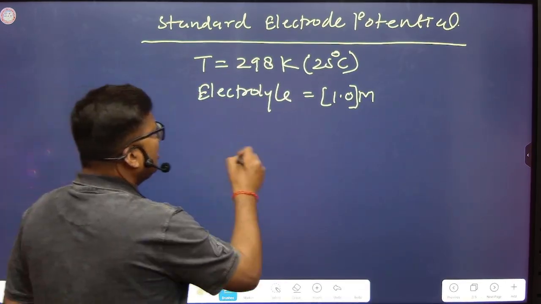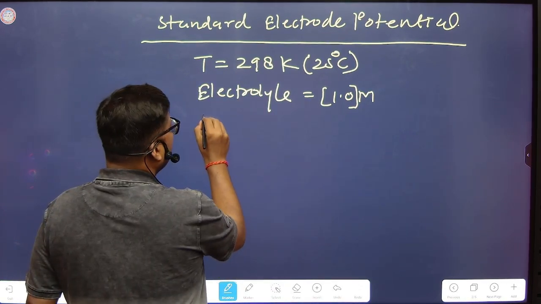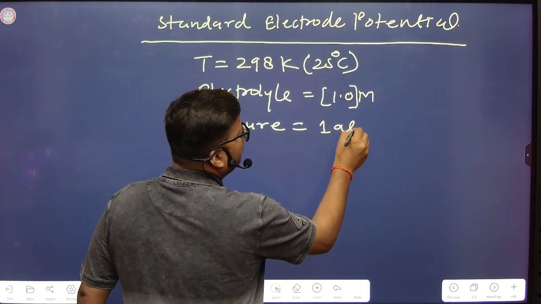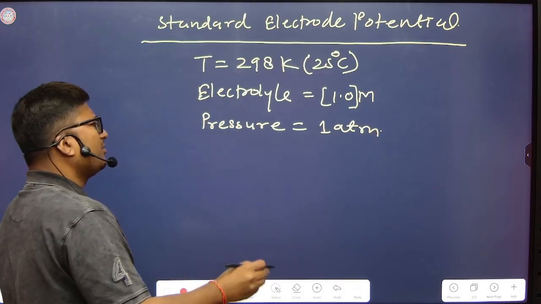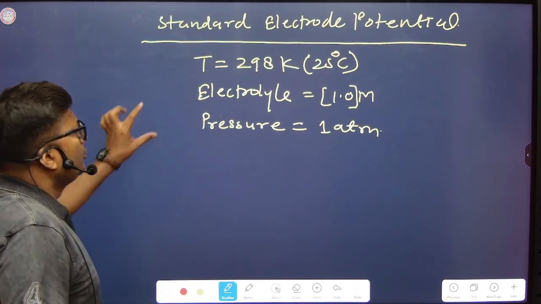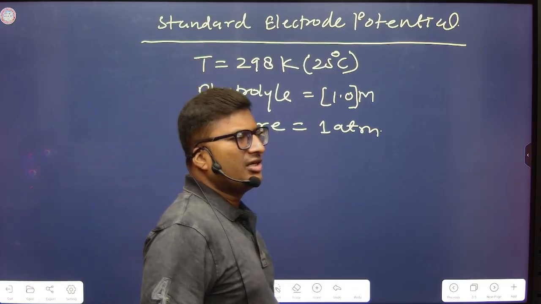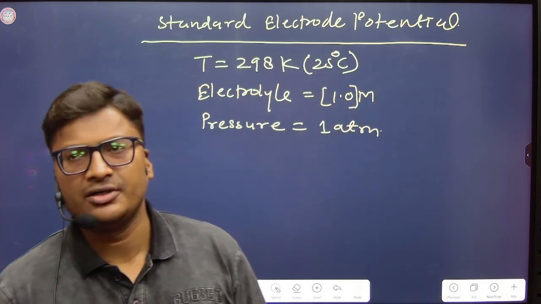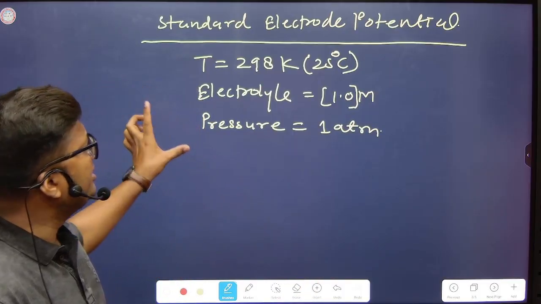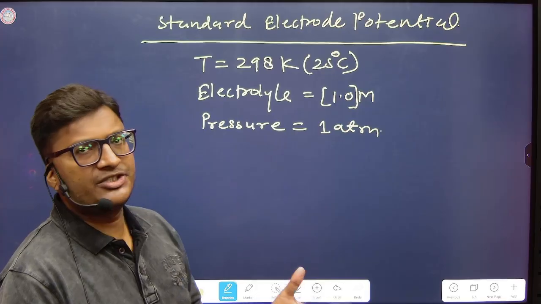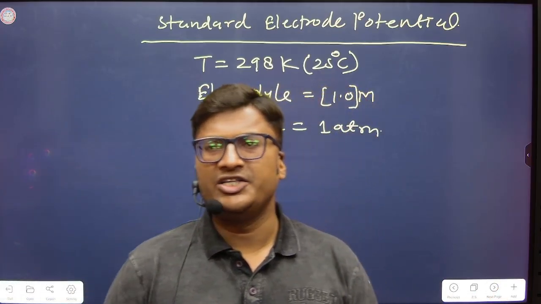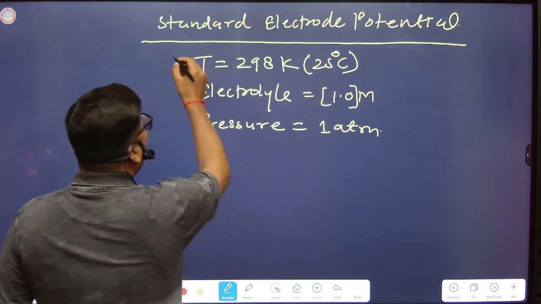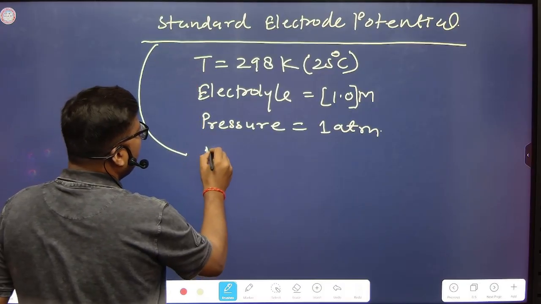And the pressure of the measurement must be 1 atm, one atmospheric pressure. So if temperature, pressure and concentration are fixed at the standard state, then the potential generated at the interface of electrode and electrolyte is called the standard electrode potential, right? This is designated as E naught.